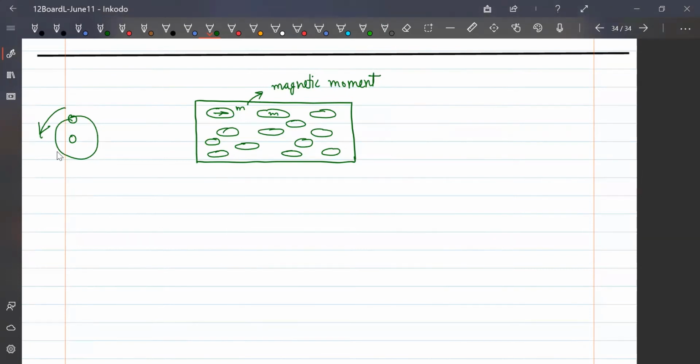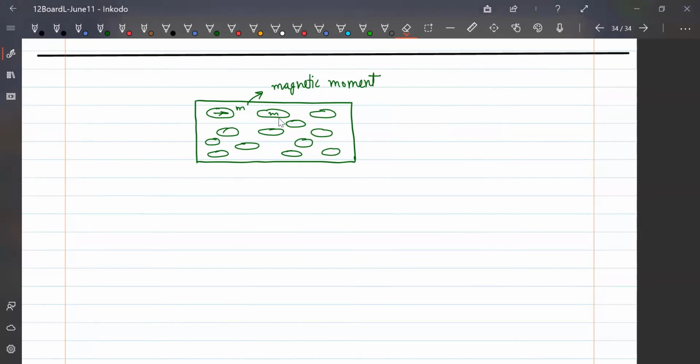Current carrying loop magnetic field generate करता है. And that is how particles and atoms and crystals, they collaborate together to result in magnetic moment. एक small current carrying loop magnetic dipole की तरह act करता है और magnetic dipole का magnetic moment.